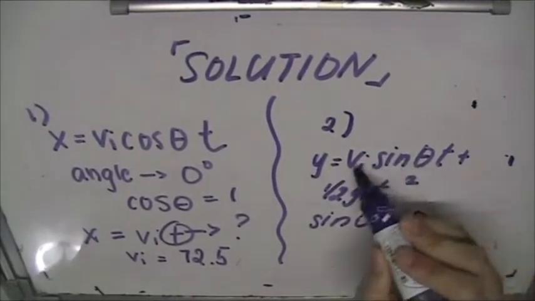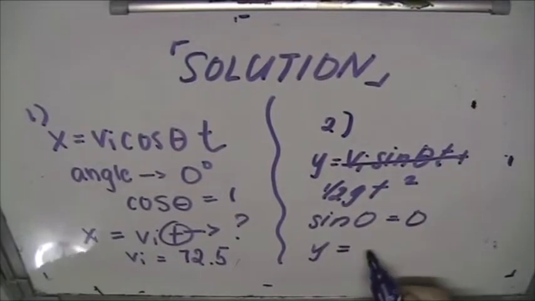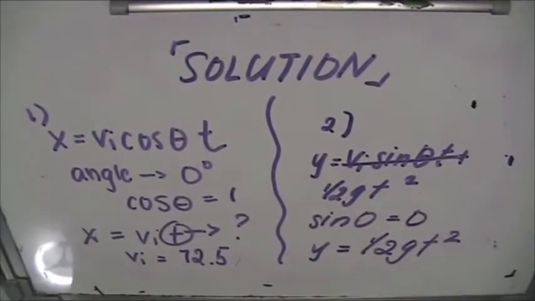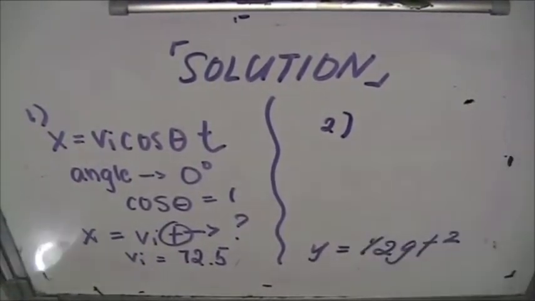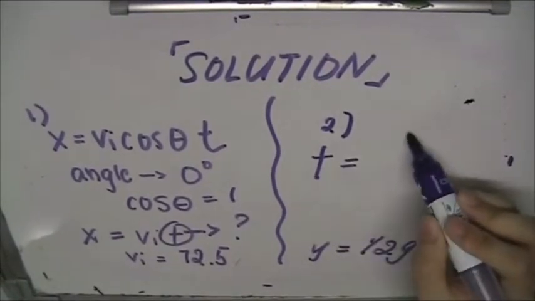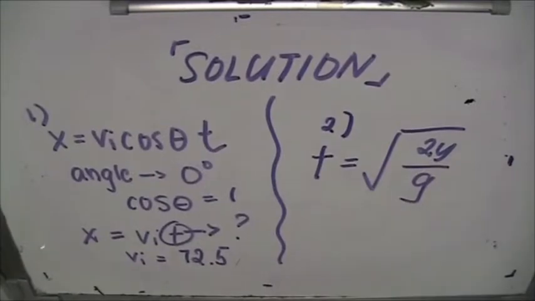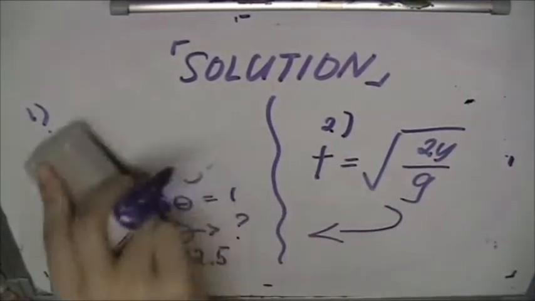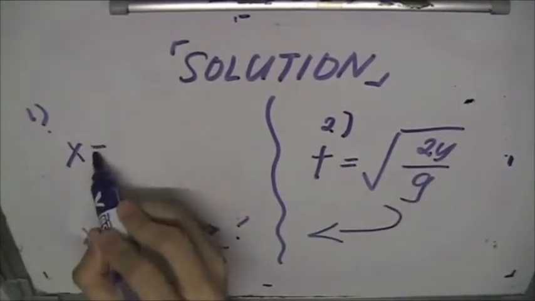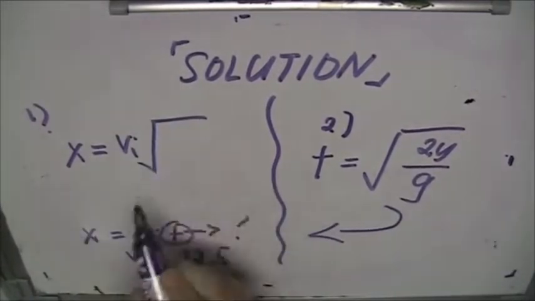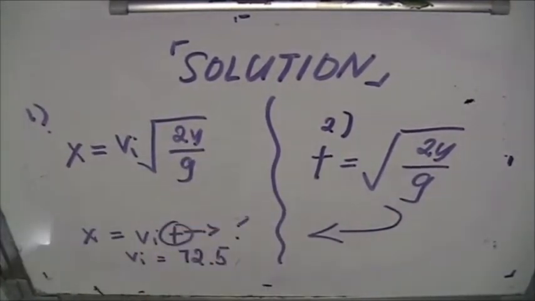Since sine 0 is equal to 0, we're going to cancel that out and get y equals 1/2 gt squared. Now, in this formula, we're going to derive to get t, which is now square root of 2y over g. And that is the formula of t, and that's what we're going to put to the first formula. So x equals vi times the square root of 2y over g.